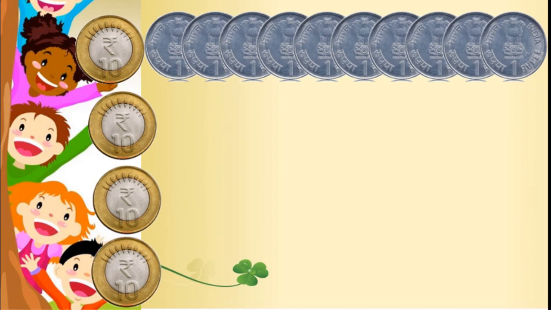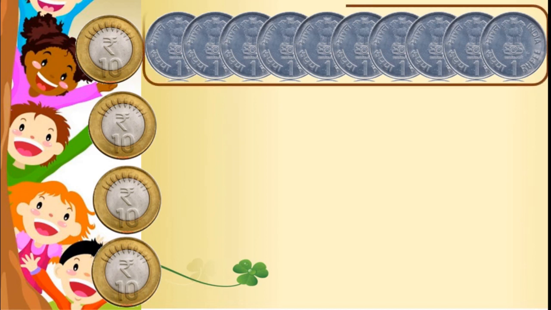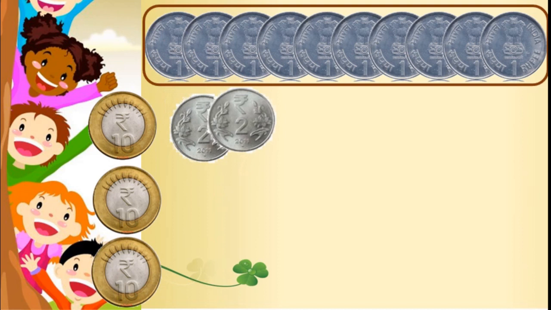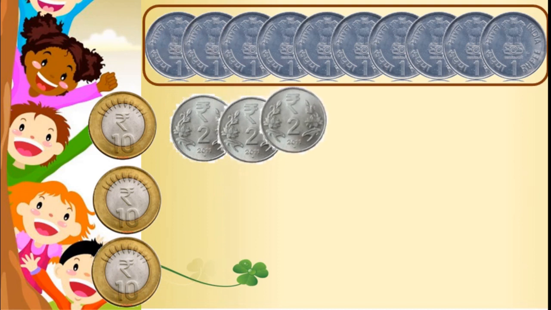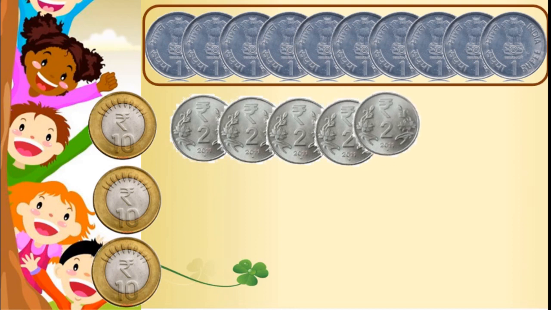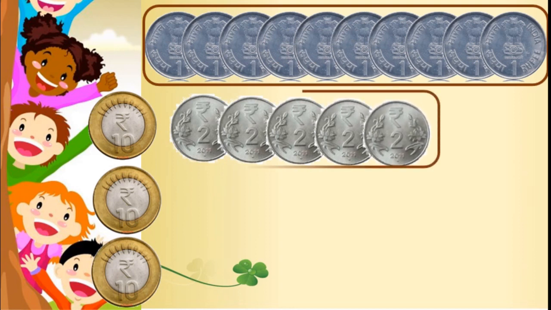Now Raj's turn. I gave Raj a 10 rupee coin and he is giving me 2 rupee coins. How many 2 rupee coins will he give me? We'll see. One, second coin, third coin, fourth coin and fifth coin.